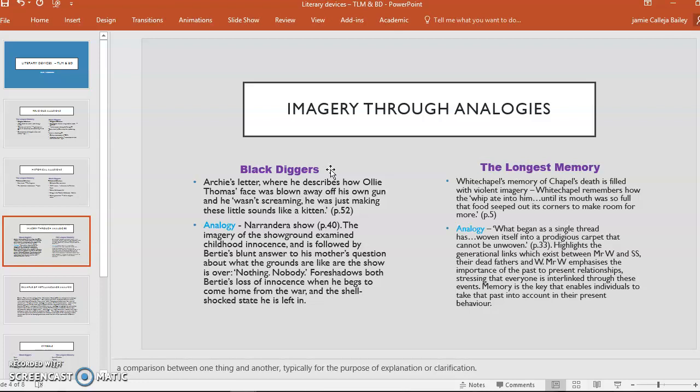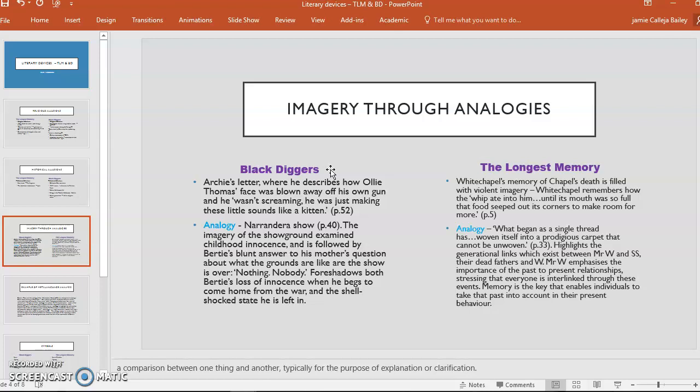So in Black Diggers, Archie's letter, where he describes how Ollie Thomas's face was blown away off his own gun, and he wasn't screaming. He was just making these little sounds like a kitten. So that idea of a kitten. A kitten is like an infant. So he was reduced back to the primitive behaviours of a human being.